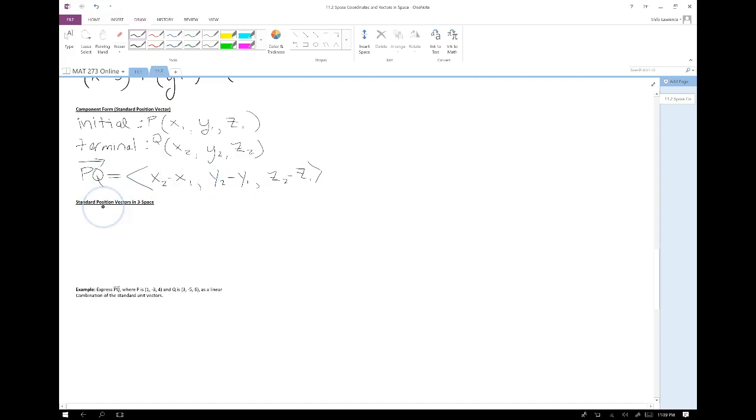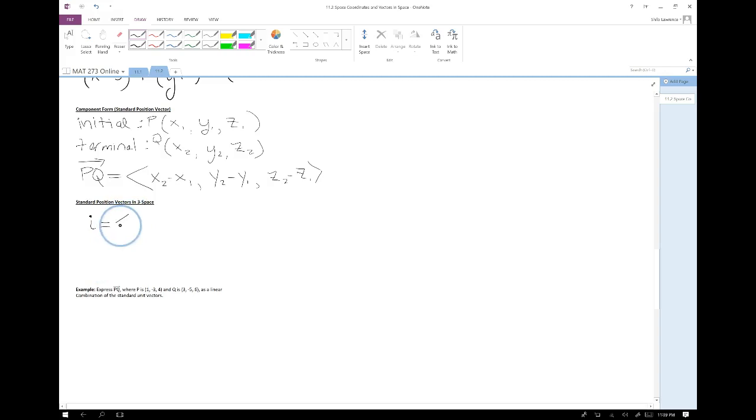So also, just like our 2-dimensional vectors, we can define standard position vectors in 3-dimensional space, our standard unit vectors. In 2 dimensions, we had i and j, which represented a single unit along each of our coordinate axes. We're going to do the exact same thing in 3-dimensional space.